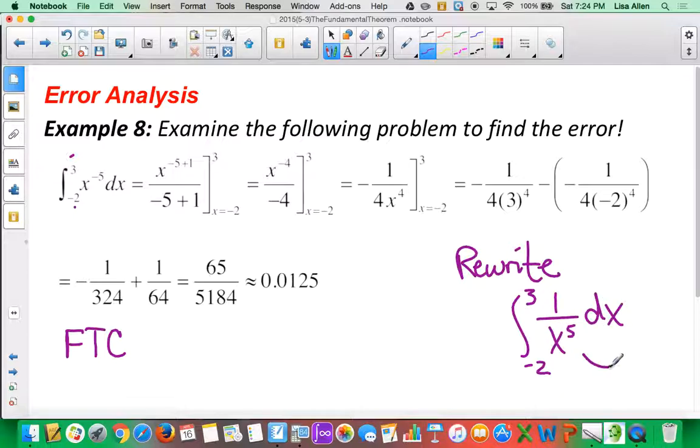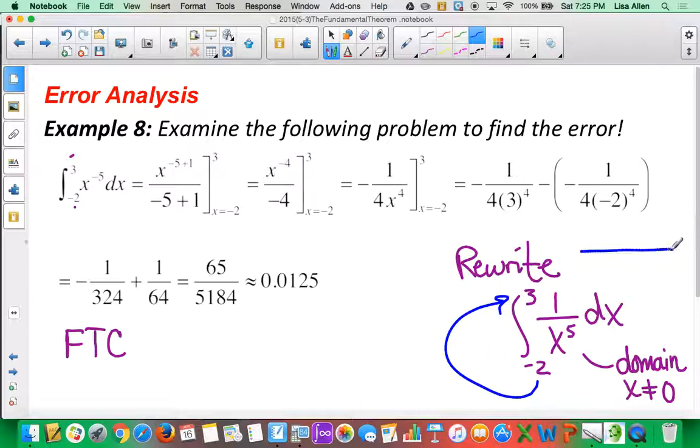So what I would look at is the domain of this function and see if there would be a problem. And certainly we can say that x cannot be 0. And we're going from -2 to 3, and clearly 0 lies between there. So that's where you're going to have that asymptotic behavior.